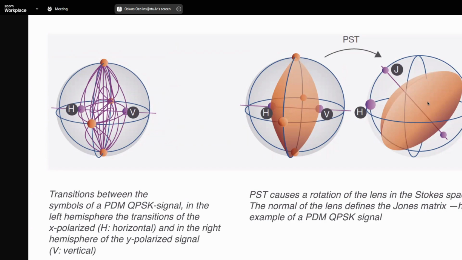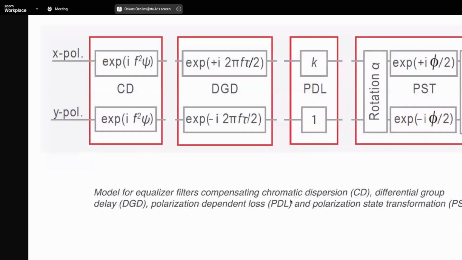So yeah, here is just some visualization when you have X and Y polarizations and how this happens. These polarization state rotations, PST here, defined as polarization state transformation between different polarizations.